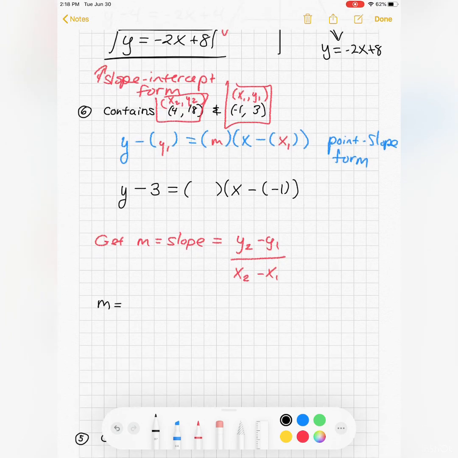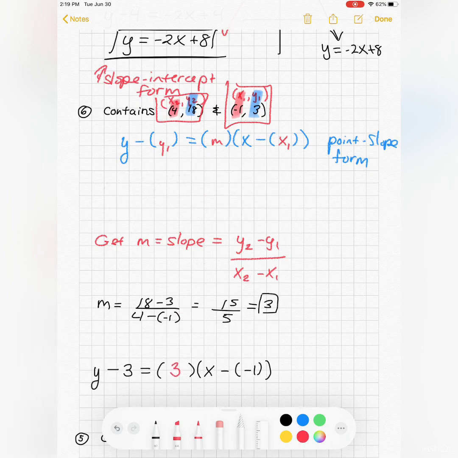So let's see what I would have. I'd have y2 is 18 minus 3. X's, x2 minus x1. So make sure you do those in order. So 4 minus -1. 15 over 5 is 3. So now I know the slope that goes here.